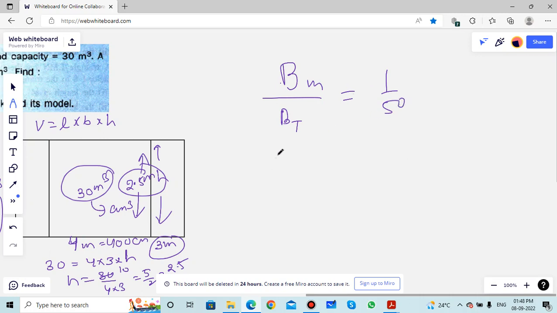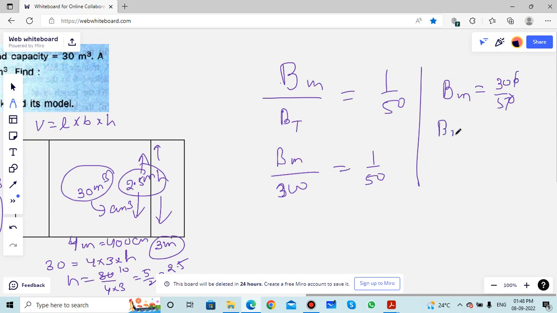So breadth of the model upon 300 centimeter is equal to 1 upon 50. So we find breadth of the model is 300 upon 50. So 6 5s are 30. So breadth of the model is 6 centimeter. Second answer, we got it.